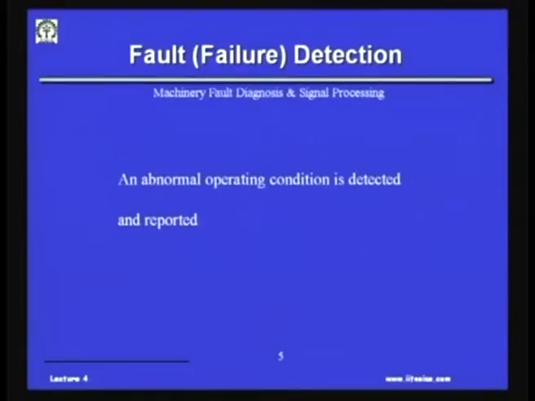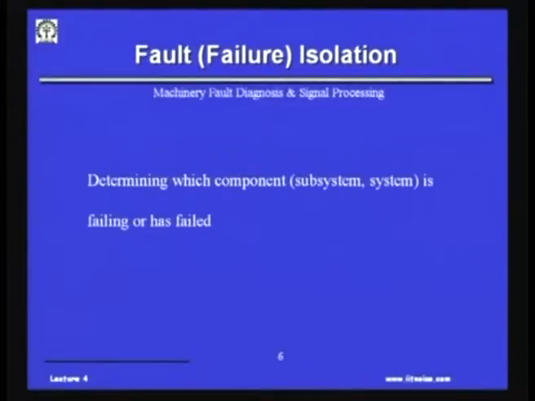So to define fault detection, it is an abnormal operating condition which is detected and reported. We will see the mathematical techniques of how such faults can be detected, isolated, identified and so on in the subsequent sections.